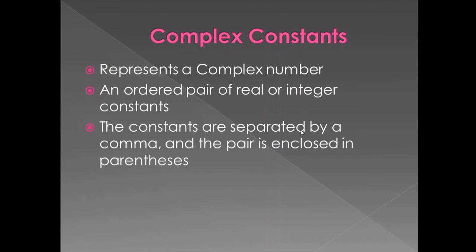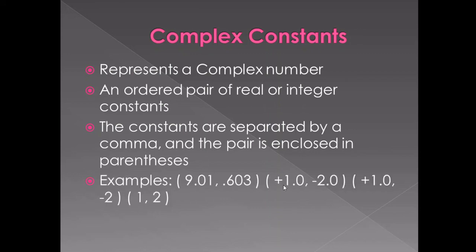The constants are separated by a comma and the pair is enclosed in parentheses, brackets. For example, the complex constant (9.01, 0.603) within parentheses. What does this represent? It represents a complex number with real part 9.01 and imaginary part 0.603.